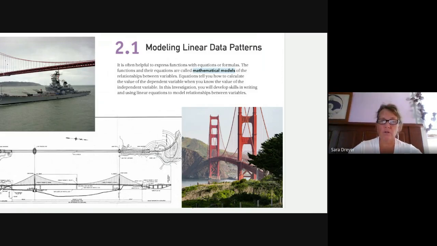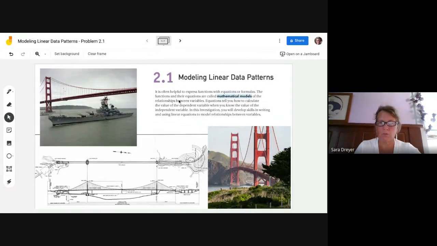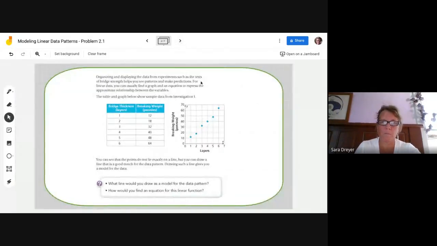The functions and their equations are called mathematical models of the relationships between variables. Equations tell you how to calculate the value of the dependent variable when you already know the value of the independent variable. In this investigation, you will develop skills in writing and using linear equations to model relationships between variables.